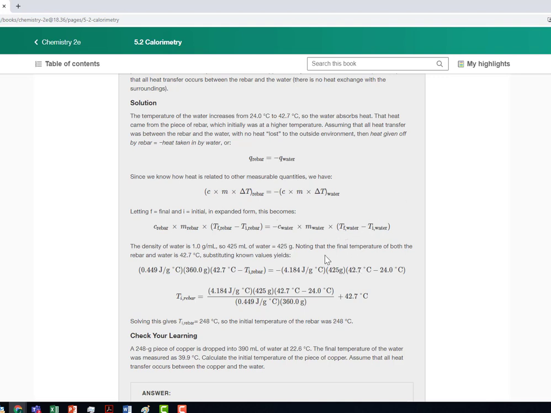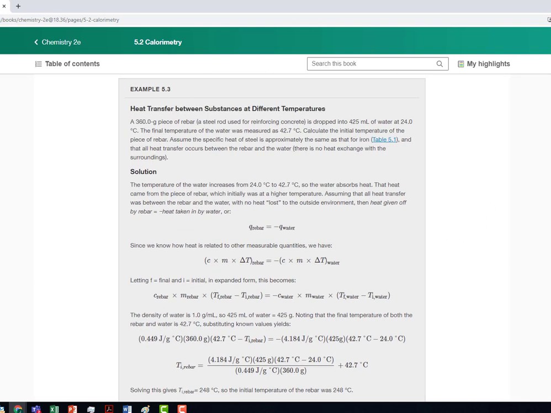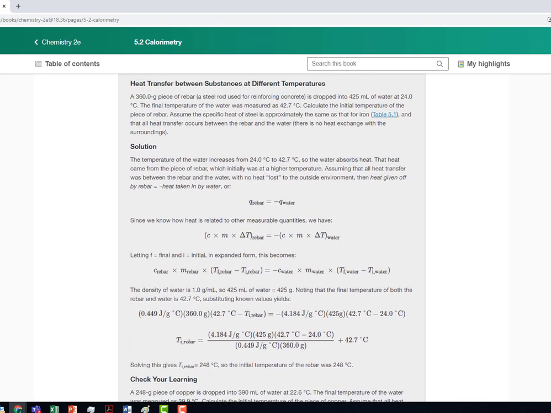And then also for the water, we can look up the specific heat capacity of water. We have 425 grams of water. We're assuming here that the density is essentially 1 gram per milliliter, so we have 425 milliliters. I know in the density lab we used that table to figure out the density at this temperature.